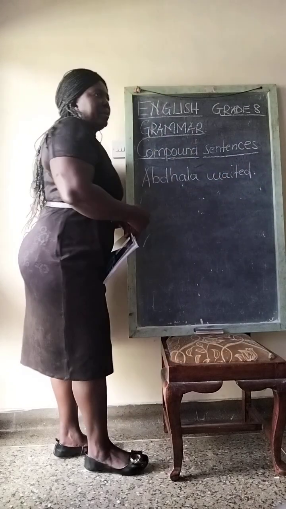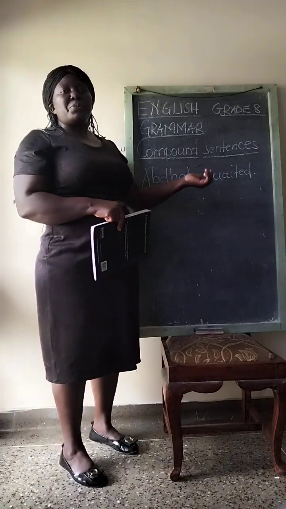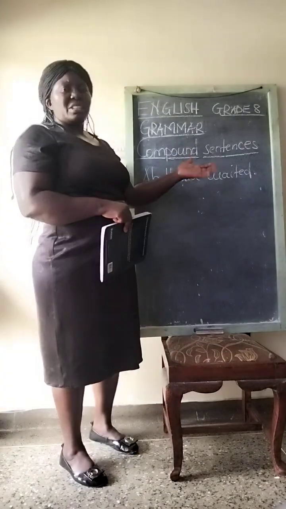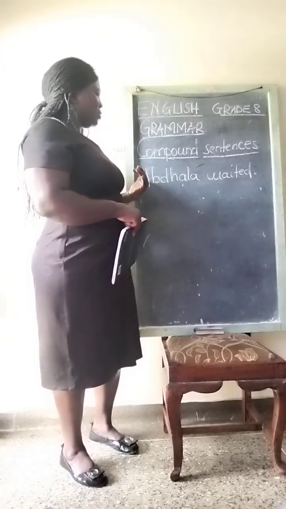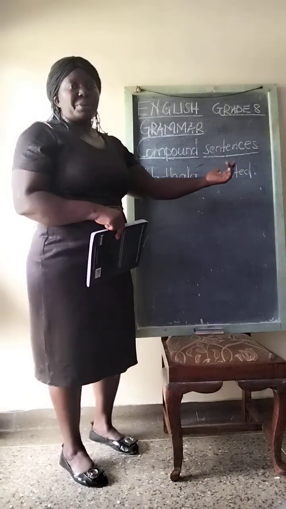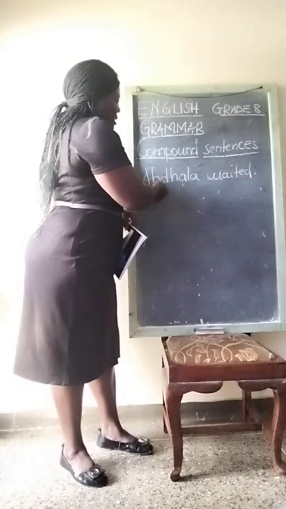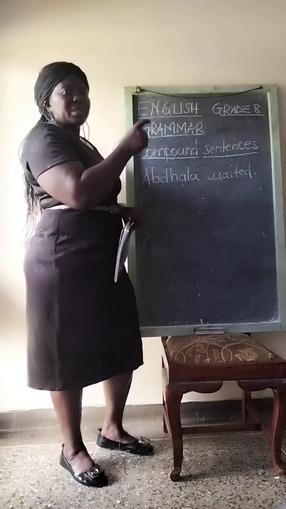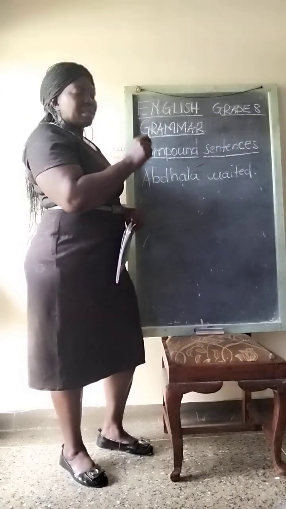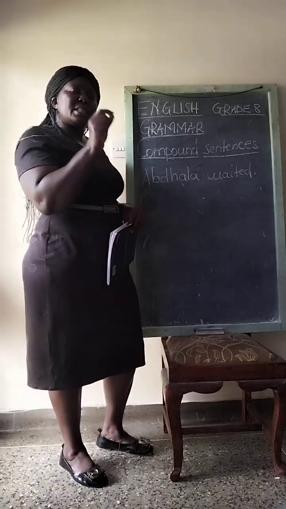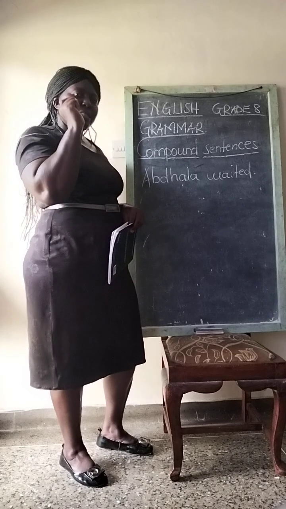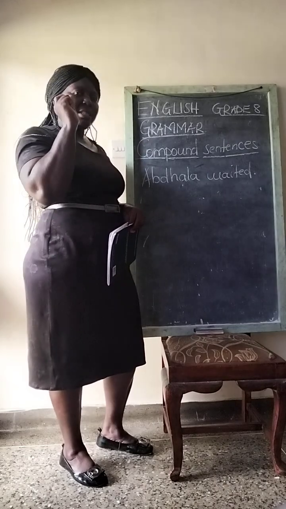I have one here. Abdallah waited for Mary, or the sentence is complete the way it is. Abdallah waited. So this sentence is complete. It is a simple sentence. It has one verb. A simple sentence has one subject and a verb.